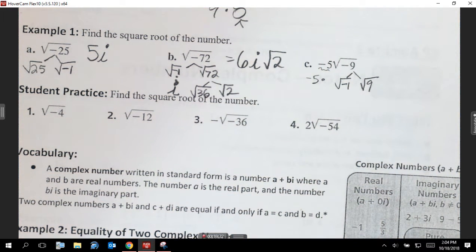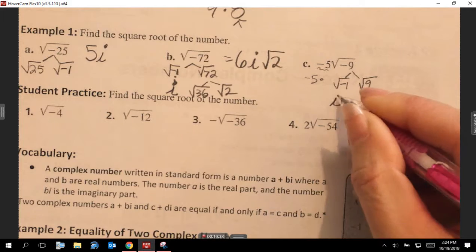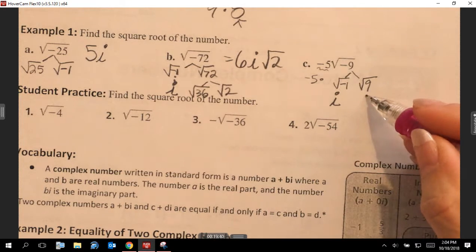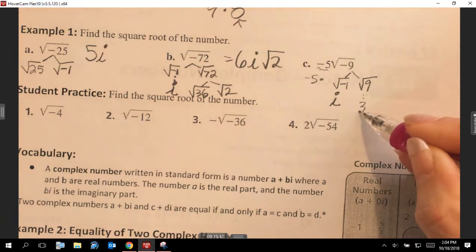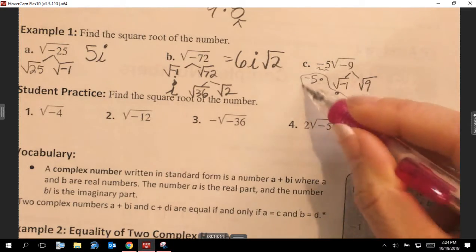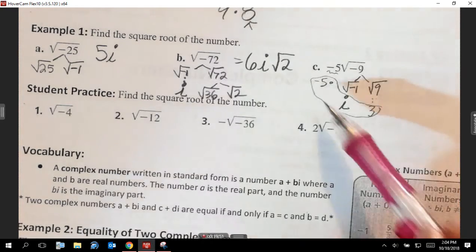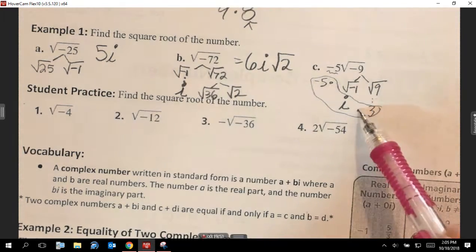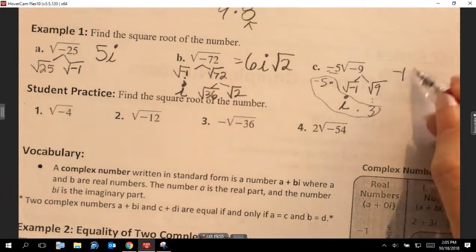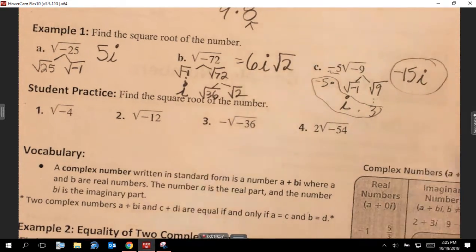And you tell me, what is the square root of -1? i. What is the square root of 9? 3. So now I have this -5, this i, and this 3. And what operation is between all of that stuff? Multiplication, because you don't see any plus signs. So negative 15i would be our answer.